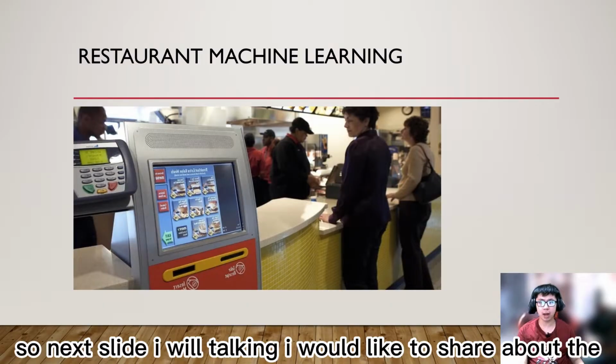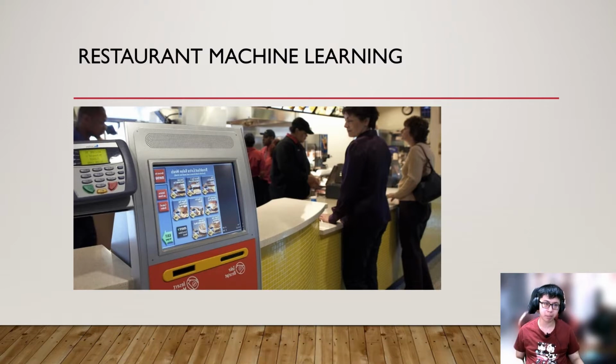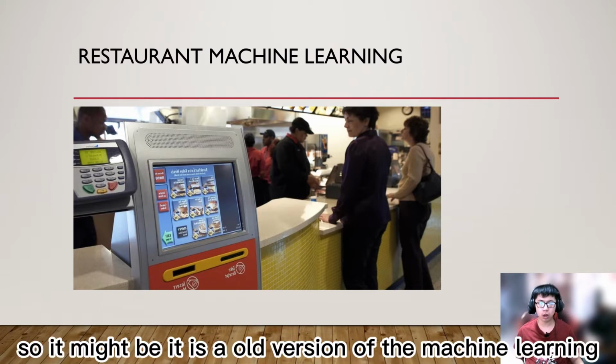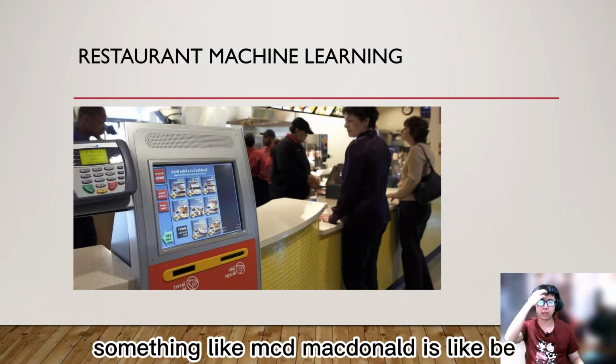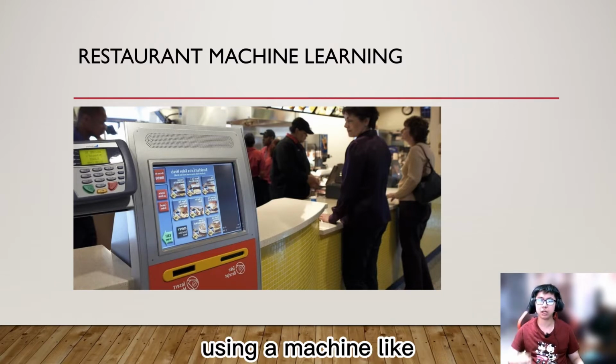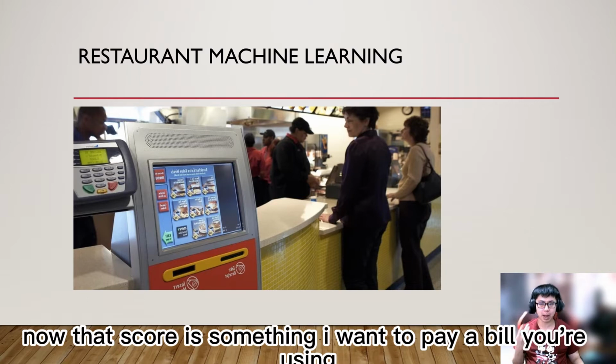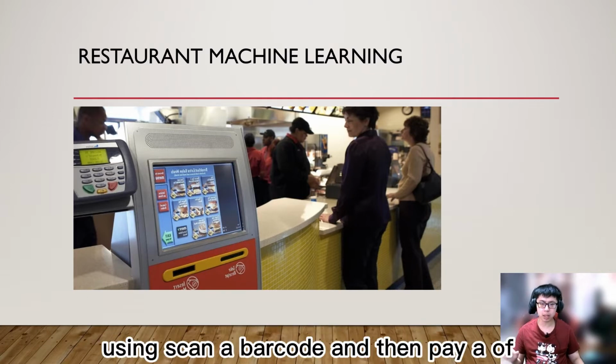Next slide, I would like to share about restaurant machine learning. It is the old version of machine learning. It might use a touch screen and then e-pay or a barcode, something like McDonald's, where you use a machine to buy food. Now, to pay a bill, you scan a barcode and then pay.